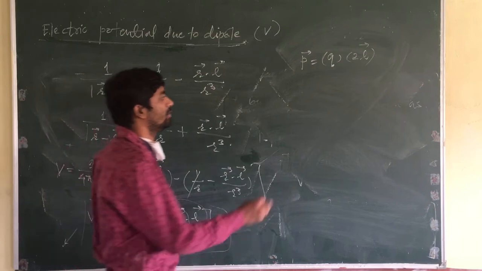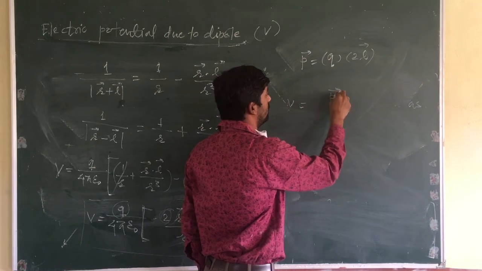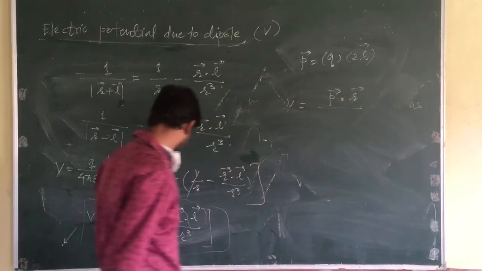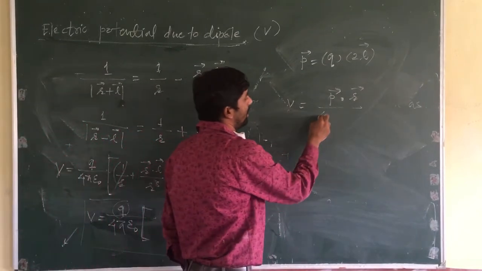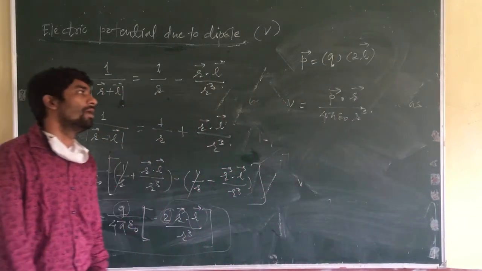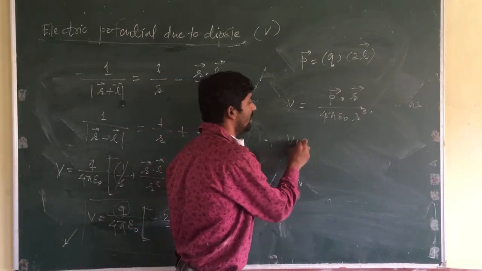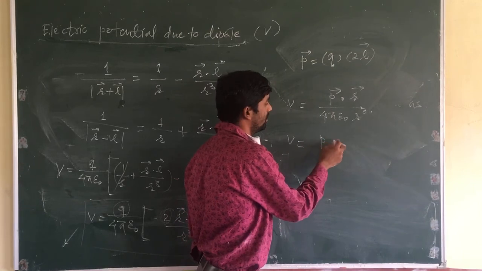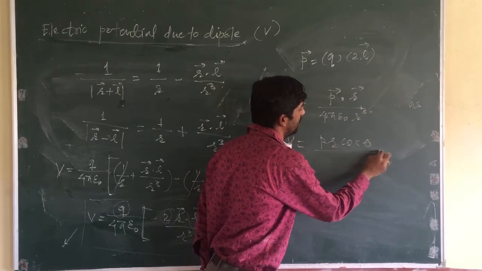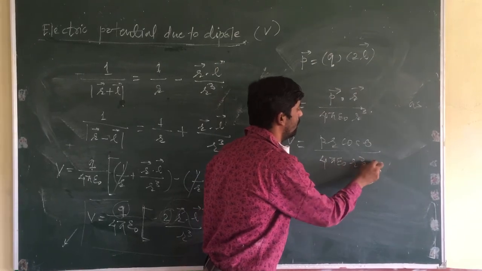So this expression you can write as V is equal to P vector dot R vector divided by 4 pi epsilon naught into R cube, okay. Here it is the dot product of P vector and R vector. So you can write this as P R cos theta divided by 4 pi epsilon naught into R cube.